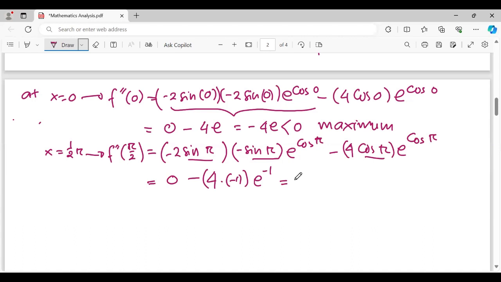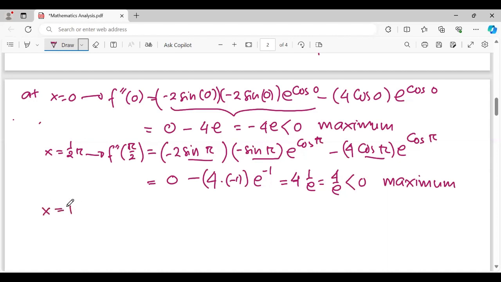So it becomes 4 times 1 over e, 4 over e. 4 over e is greater than 0, so it is a minimum point.